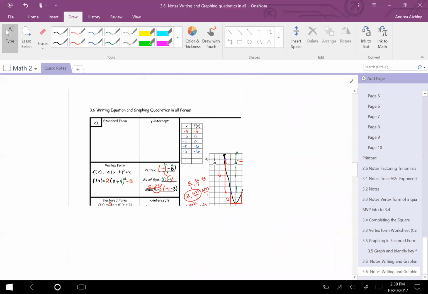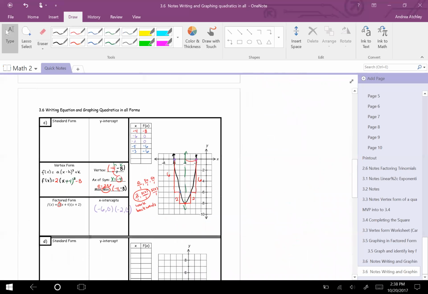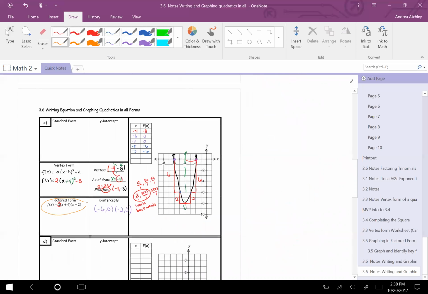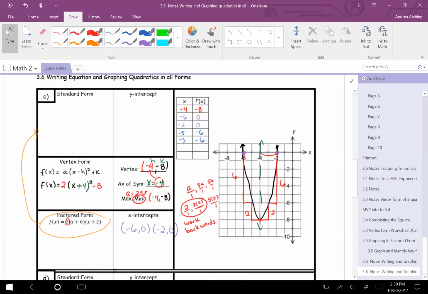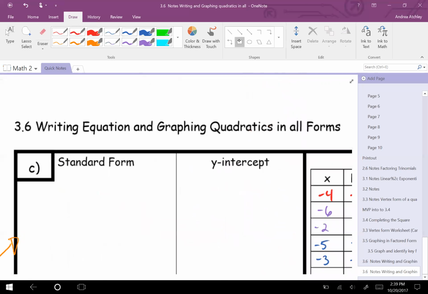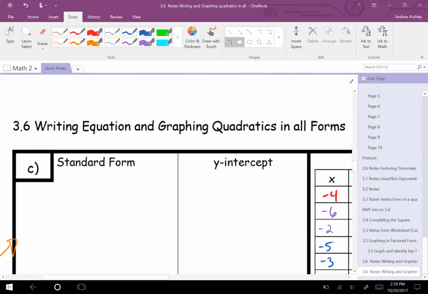So now we need to find standard form. Okay, I have my factored form. So I can just take my factored form and bring it up here and then multiply it out. Okay, so I have my box.